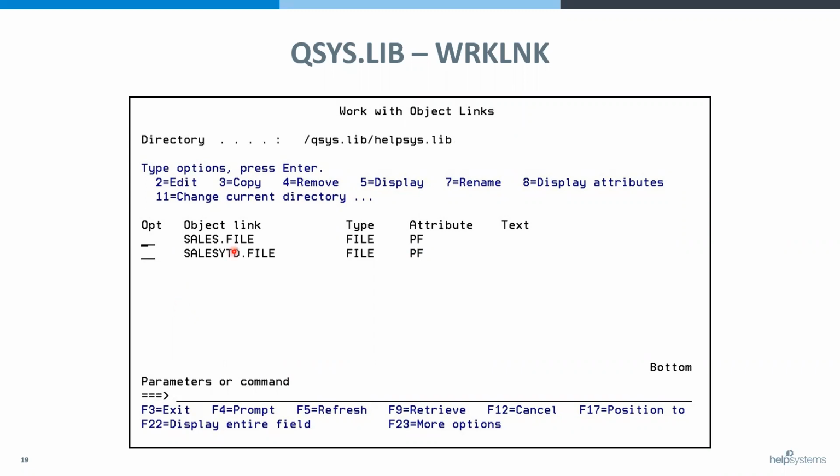In this case, I'm looking at the structure called qsys.lib, and then the underlying library itself, helpsys.lib. Inside of that, I have some physical files, and that's how I would address them using this type of syntax on the system. Again, most of us who are writing RPG applications, SQL applications, etc., are generally going to reference things by adding to or editing the library list to get at this.